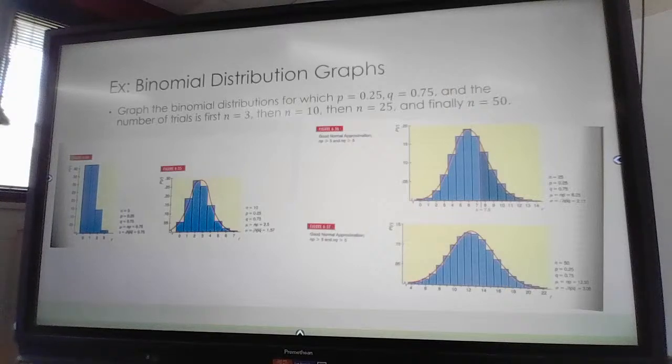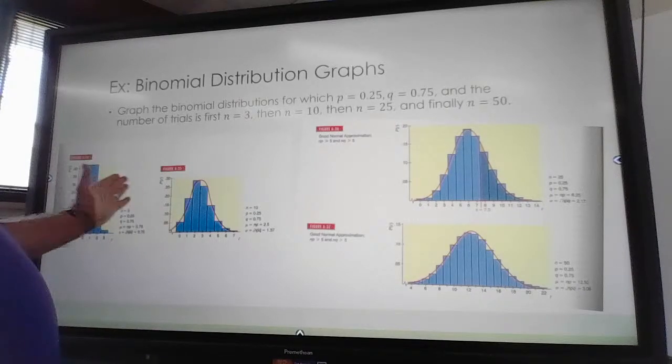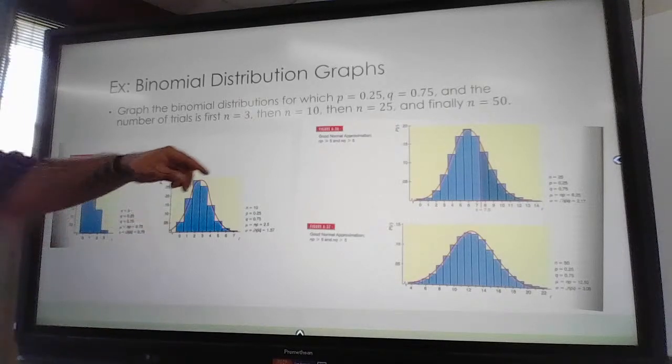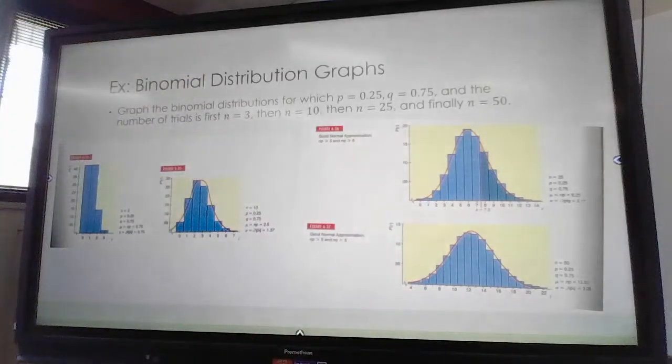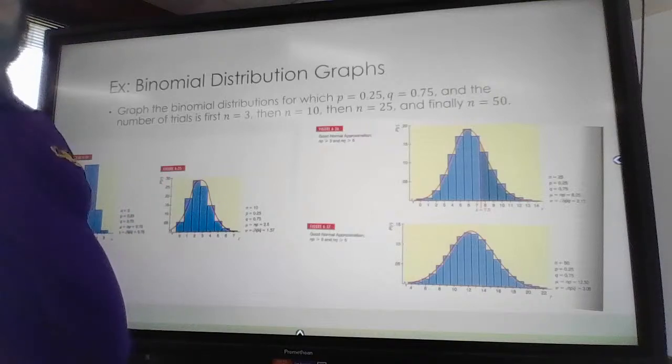It looks very right skewed, kind of stretches out to the right. As my n increases to 10, it's still a bit right skewed, but it's starting to level out a little bit more. As we get to n equals 25 and n equals 50, we can start to see that distribution being more normal, more bell-shaped, right? And it becomes a good normal approximation.